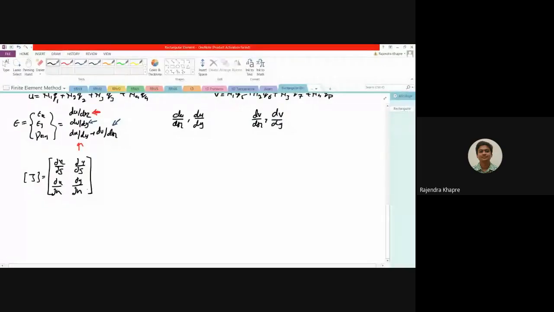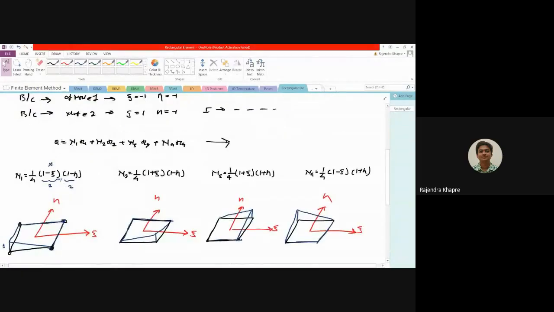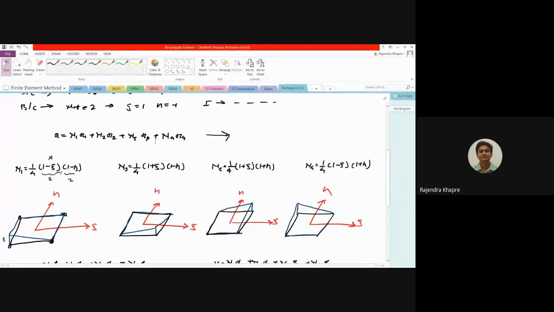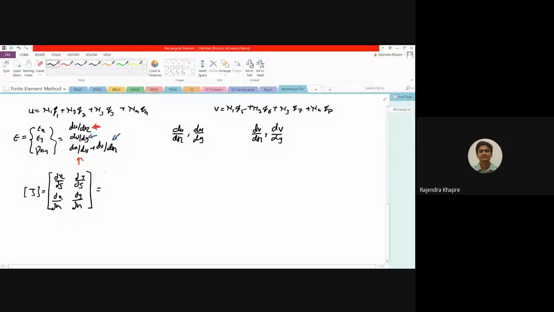Okay, so this can be written in a simplified form, because we already know the x value depends on the values of xi and eta, and we have just now seen x can be written as n1 x1, n2 x2, n3 x3 and n4 x4. So the same can be written in a derivative form, which is like this.